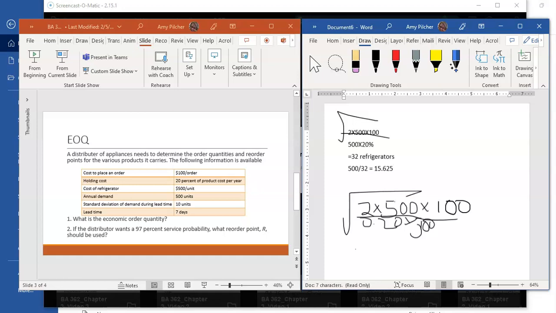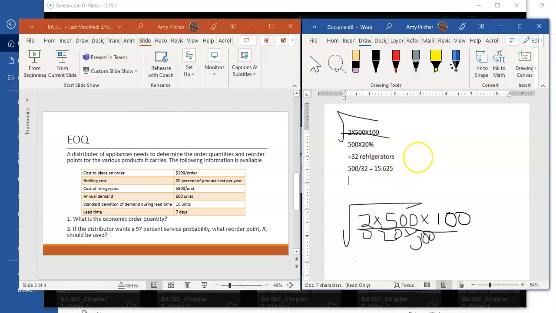Okay. So our economic order quantity is 32 refrigerators. We want to do 15.625 orders a year, or 15 or 16. And so we would determine if we want that to be 15 orders or 16 orders.